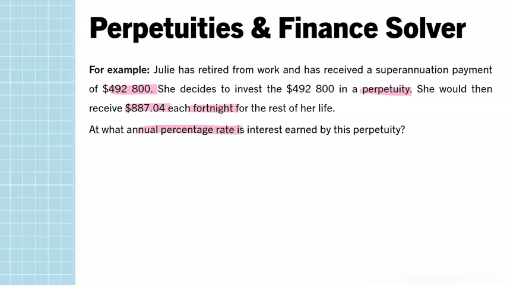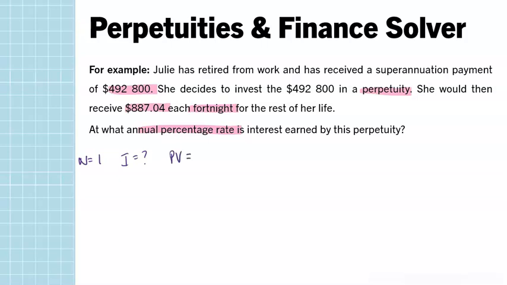So firstly, let's look at this and say, well, I have enough information here to be able to use Finance Solver. And so remembering that in Finance Solver, we always let N equal 1, because it doesn't matter how long the perpetuity lasts for, we know that the PV and the FV will be the same. We're being asked to find what is the interest rate to make this true.